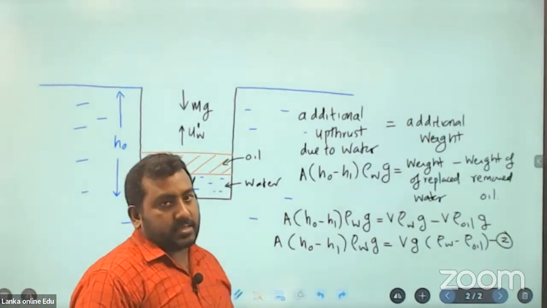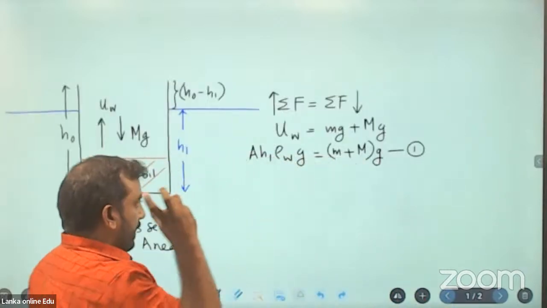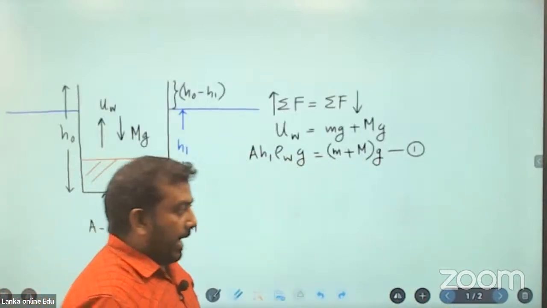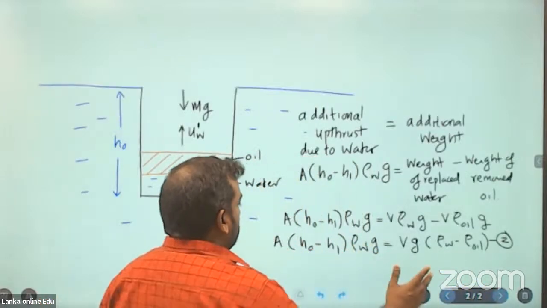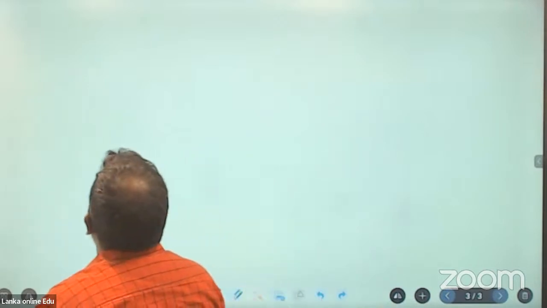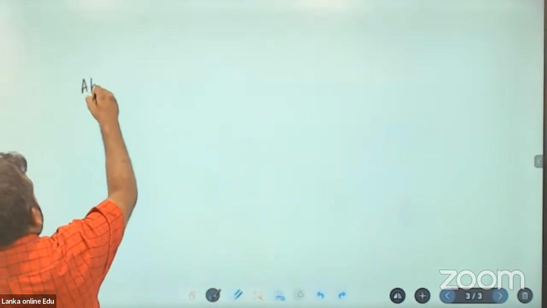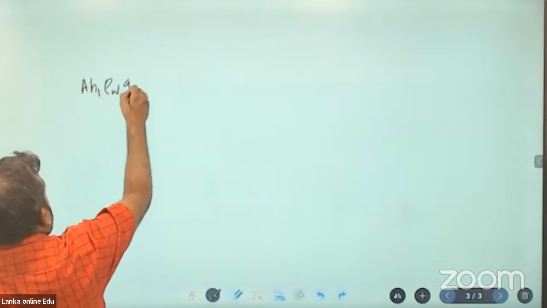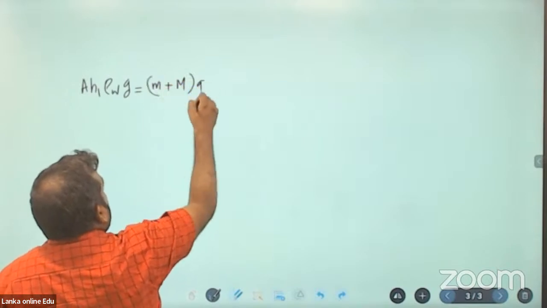So we have two equations. We have equation number 1 and we have equation number 2. What I'll do is I'll write these two separately. So if I'm writing this separately, A h1 rho_w g equals (m plus M) g.